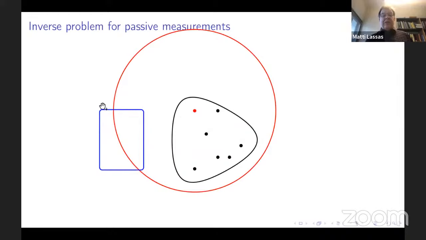And then we ask, from this type of observations, what can we say about this unknown region here, where there are lots of point sources? This type of problem is actually encountered in seismic imaging, because after a large earthquake, there are lots of micro earthquakes, very small earthquakes in the same area. So in this sense, you could image the Earth by using these micro seismic events that appear after larger earthquakes.